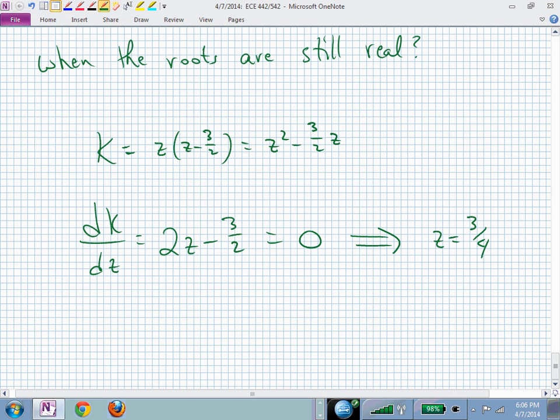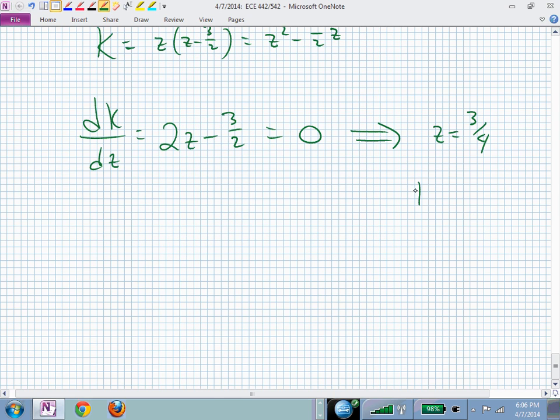That makes sense for this particular choice of poles and zeros. We just had two poles, and they are now coming together, and they are going to collide at a value of z equal to 3/4. That's where the relative maximum occurs. And you could have found that numerically.